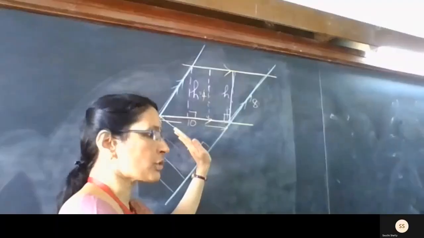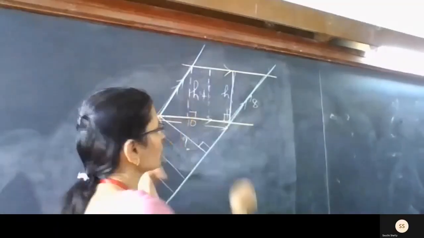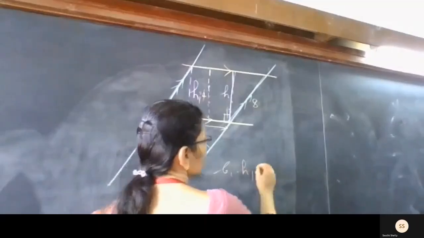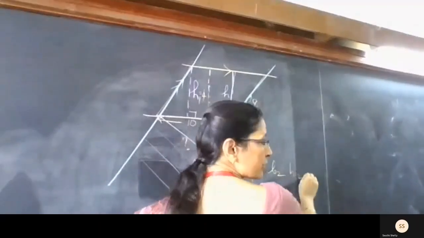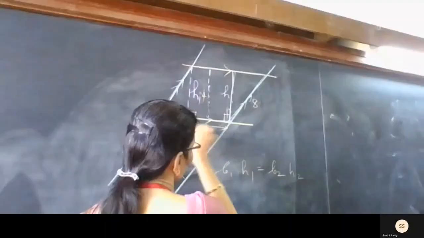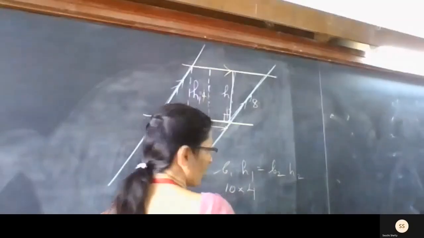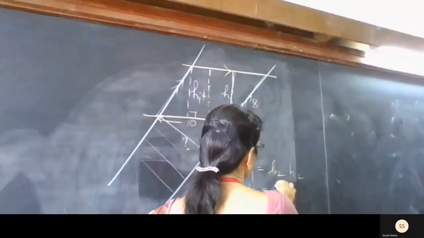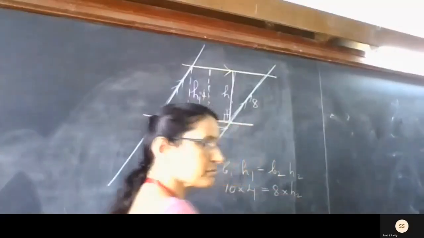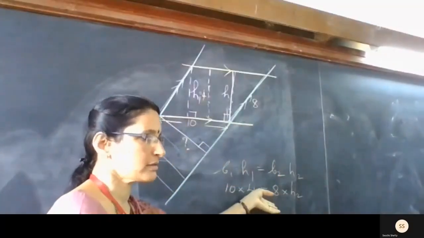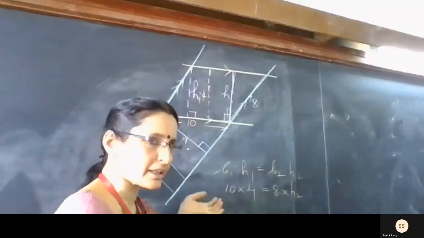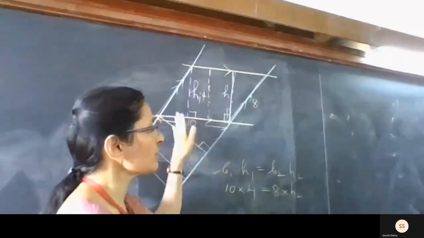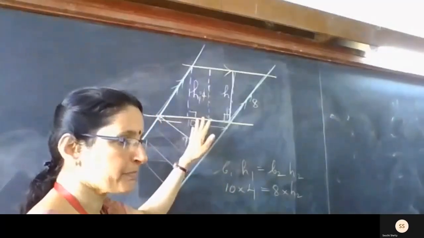If I call this H2, this as H1, then B1 H1 should be equal to B2 H2. B1 is 10, H1 is 4, the product should be the same as base 2, which is 8, into height. And that is why we got this as 10 into 4 divided by 8, which is 5 units. So this is the advantage for a parallelogram.